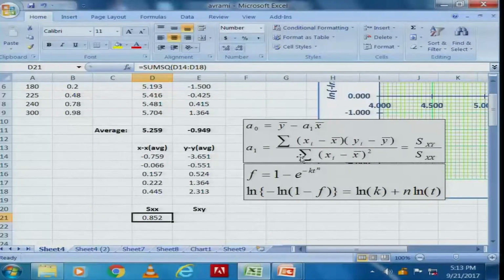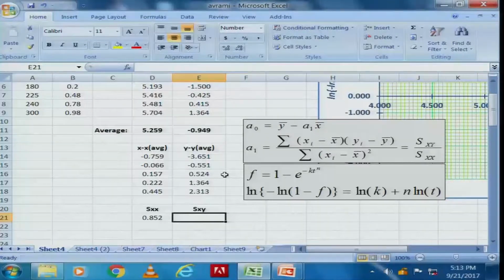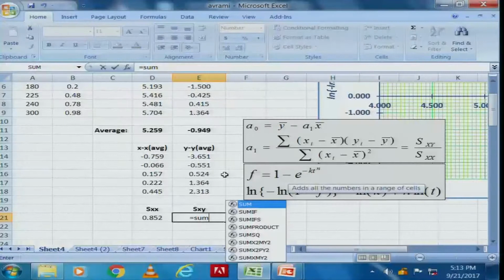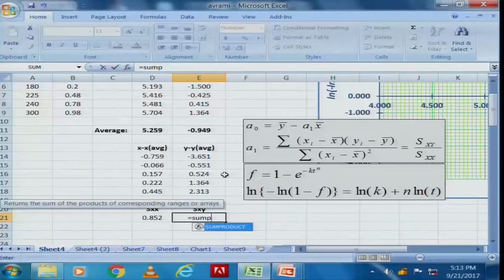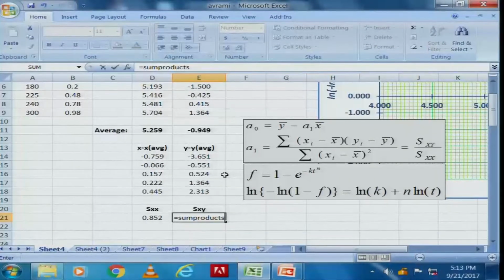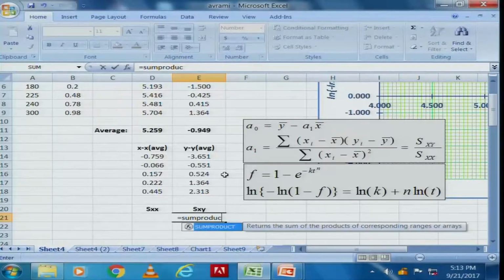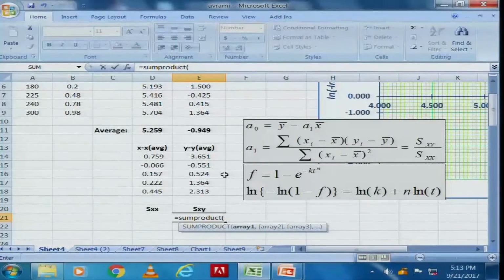So, this gives me the denominator of this equation for A1, and then Sxy I will get by another function in Excel, which is the sum of the products of the corresponding values.